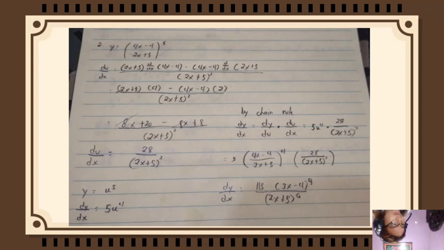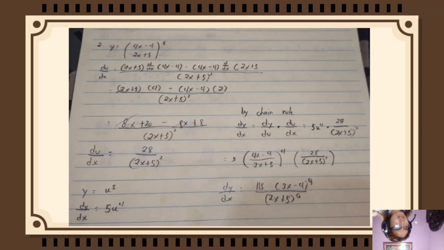28 all over 2x plus 5. Okay? Ngayon, 28 times 5 is equal to 140. Malagay natin dito 140. Ngayon, ibaba natin to. Then, ito, loss of exponent lang. May 2 dito. Ngayon, tas 2, 4.